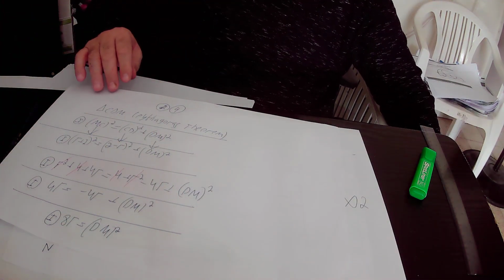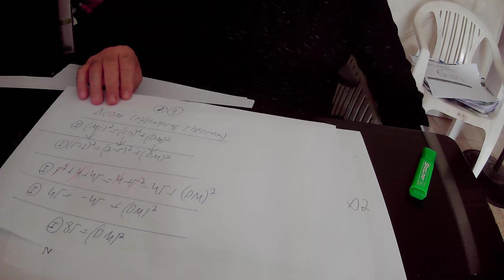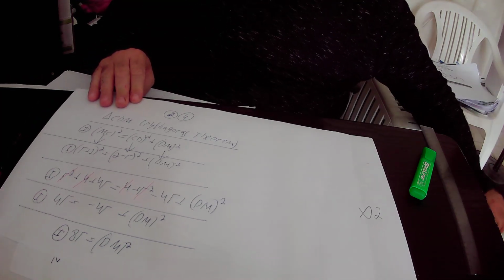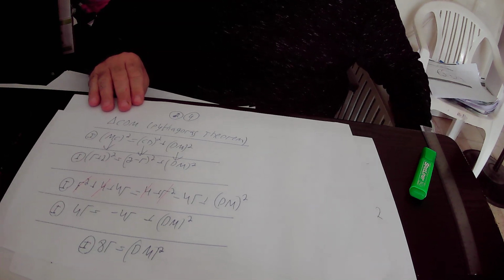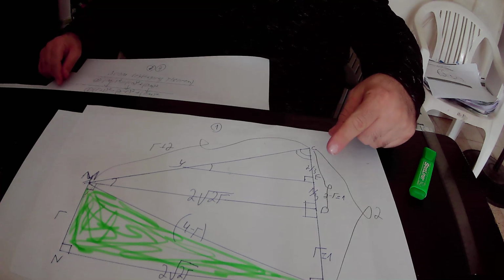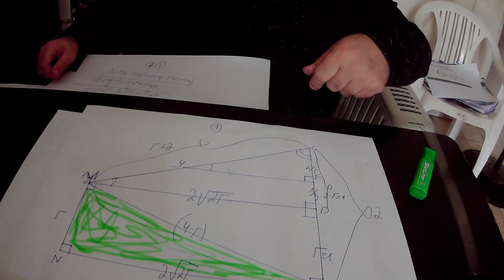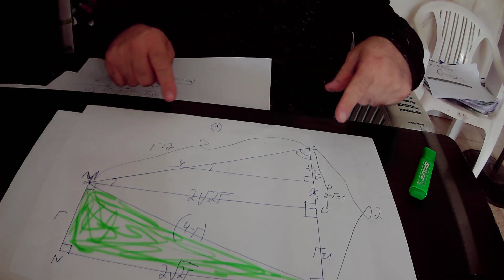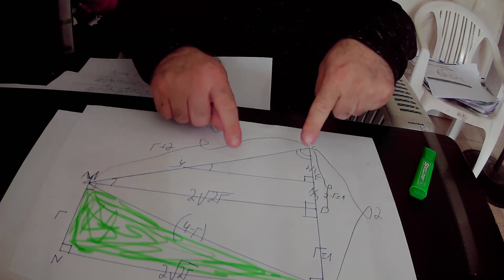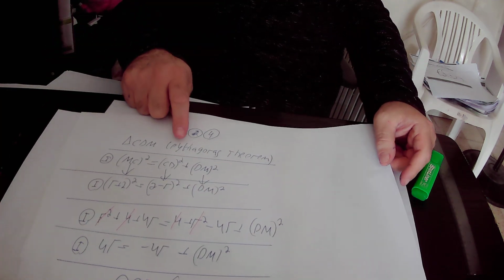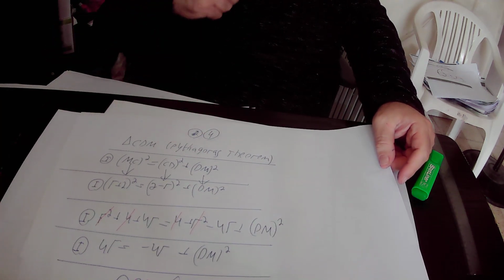Then we related to the right triangle CDM, and in the right triangle CDM, according to the Pythagoras theorem, the square of the hypotenuse equals the sum of the squares of the perpendiculars, that is to say MC square equals CD square plus MD square.